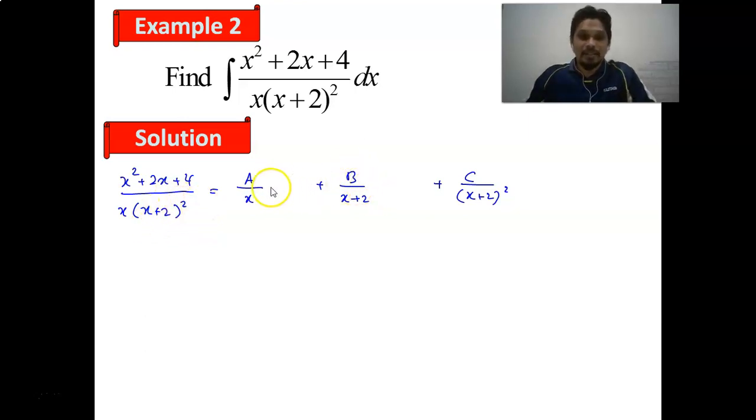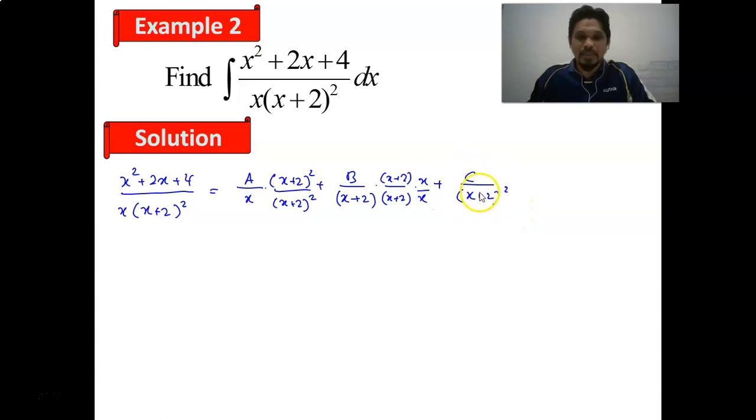Okay, so now class, again we are going to equalize the denominator of all these three with the original question. So we come out with (x plus 2) squared divided by (x plus 2) squared, and for this one we need another (x plus 2) divided by (x plus 2), because (x plus 2) times (x plus 2) in bracket squared, then multiply with an x here and x here.